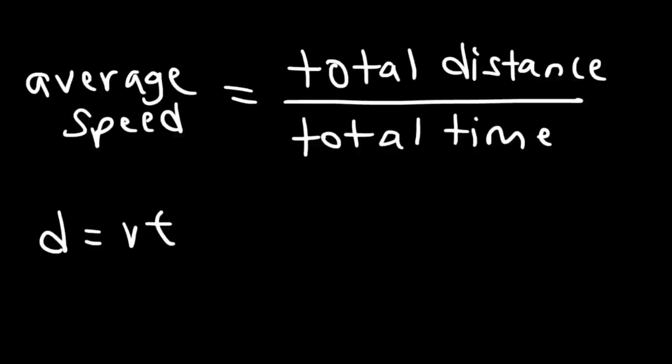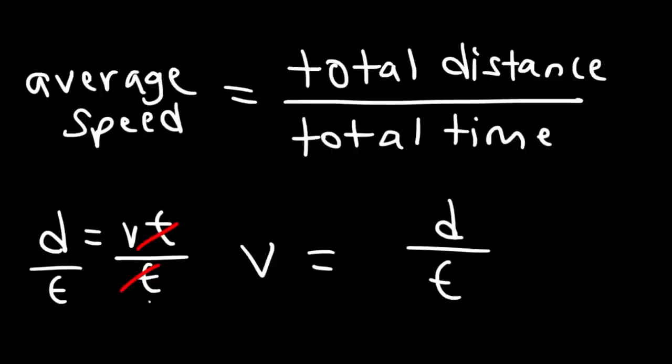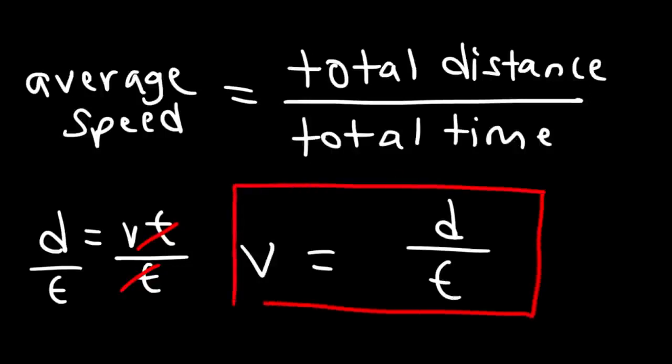V can be described as the speed or the velocity. So if you divide both sides by t, you could cancel this on the right side. You'll see that v, which is the average speed in this case, is equal to d over t. So average speed v is equal to the total distance d divided by the total time t.